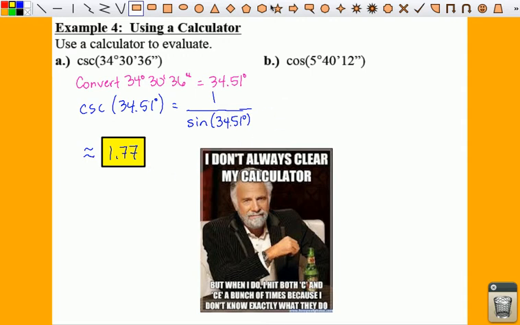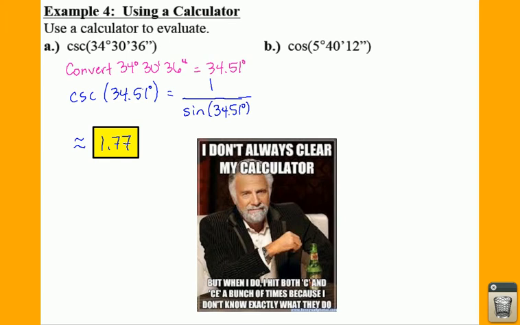So now for B, you have to do the same thing, except you're going to be doing the cosine, but we need to convert our 5 degrees, 40 minutes, 12 seconds into degrees here. So we know it's going between 5 and 6, but we still need to find out where our decimal is.